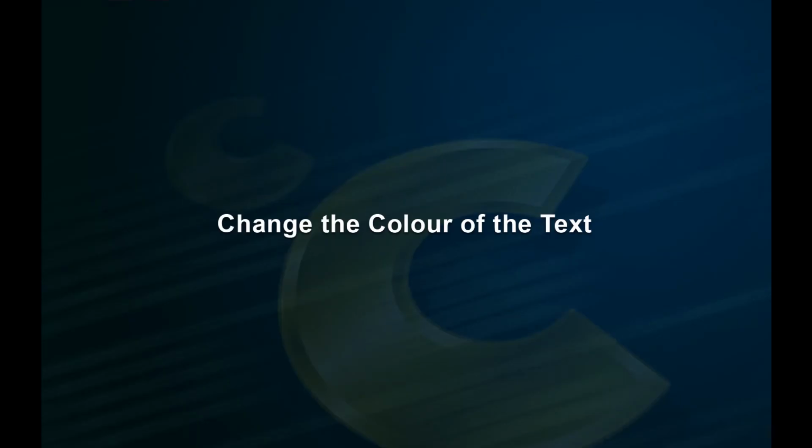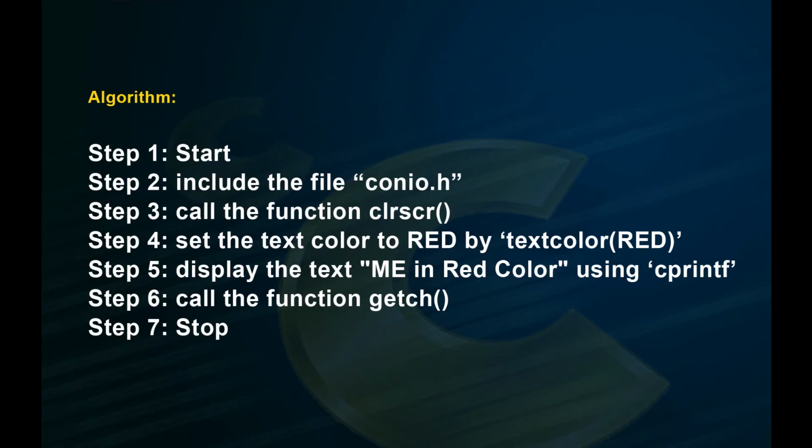Now, let us move to the second program, and this program explains how to change the text color using C. Now, you go through the algorithm first. Step 1, start. Step 2, include the file conio.h. Step 3, call the function clrscr.